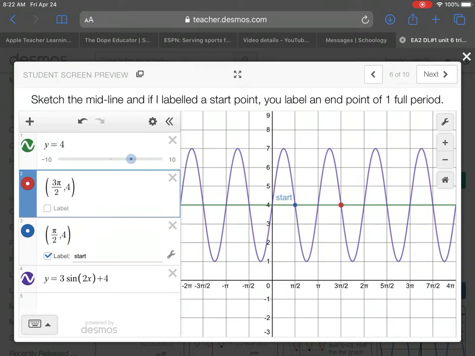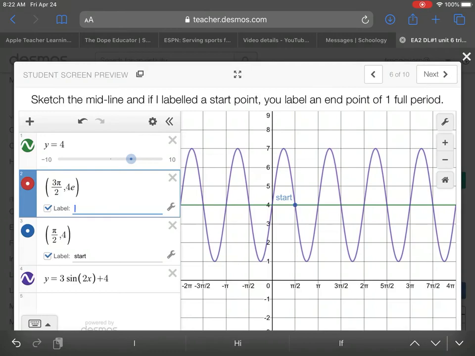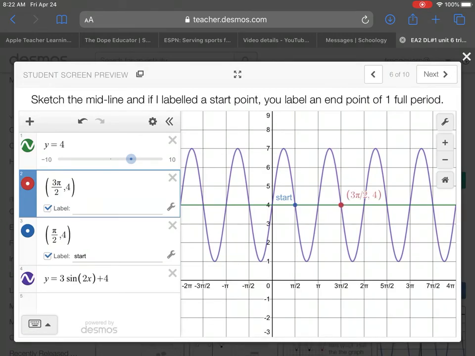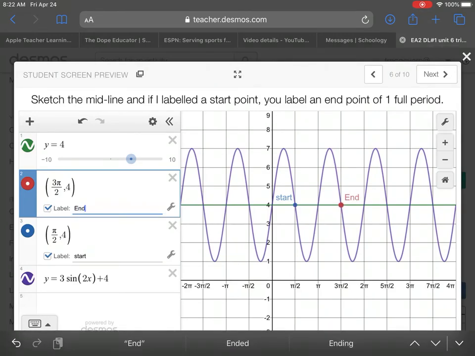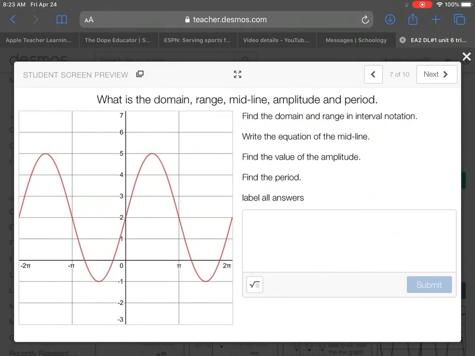So you can see that red is the end of this full period. So wherever you start, the end of a period is where it would start to repeat itself. So that's what I want you to try to do there.